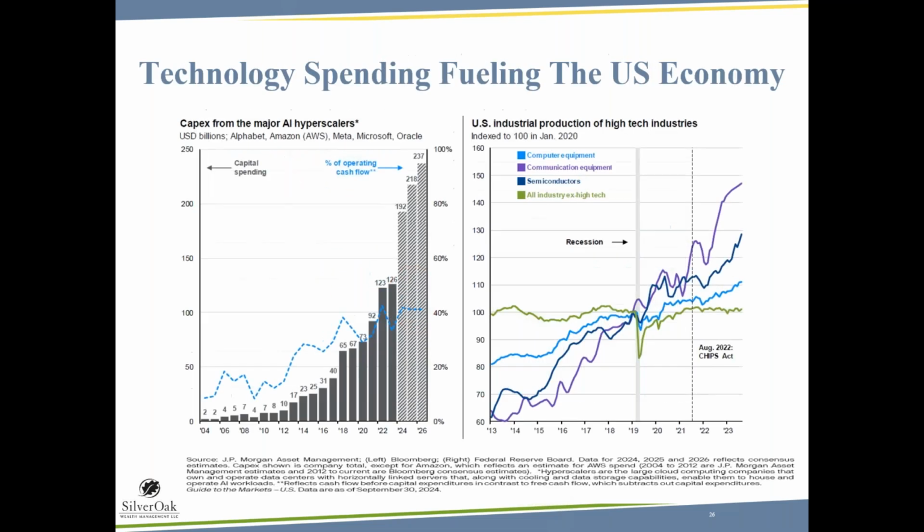Technology, going back to kind of the discussion around growth stocks. Technology spending really is a significant impact on the U.S. economy. Yeah, so on the left, we're looking at the CapEx from the big tech companies. So the new term they use for this group of companies is hyperscalers.